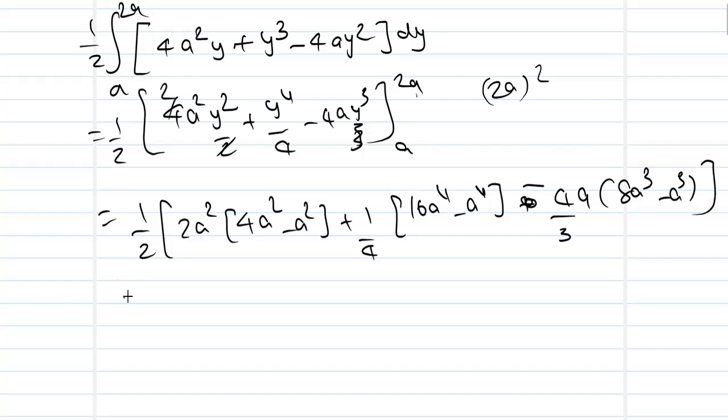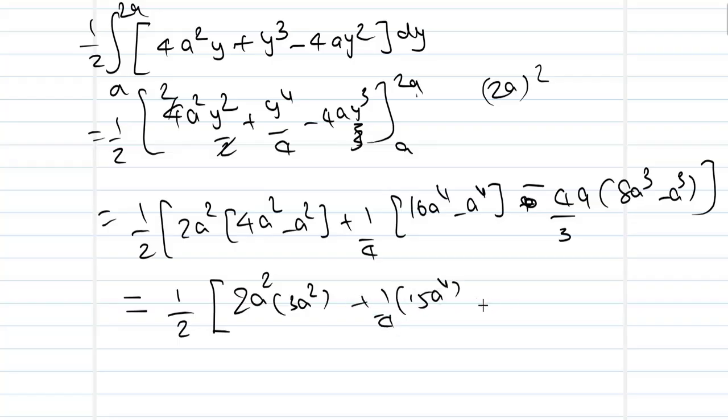So when you simplify this, this gives you 1 by 2 times the quantity 2a square, 3a square plus 1 by 4, 15a power 4 minus 4a by 3, 7a cube. On simplification, this gives you the value 5a power 4 by 24.